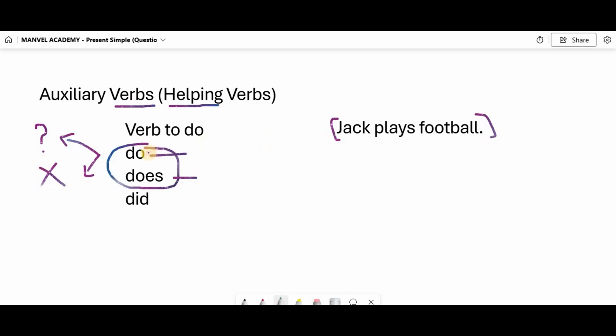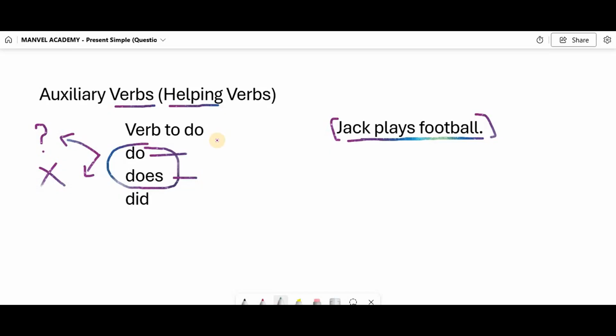And I said that we need do and does. Okay, can you see do or does in this sentence? Written? Are they written? No, right? Can you see any do here? Can you see any does here? Nothing. So how am I going to form a question and a negative?